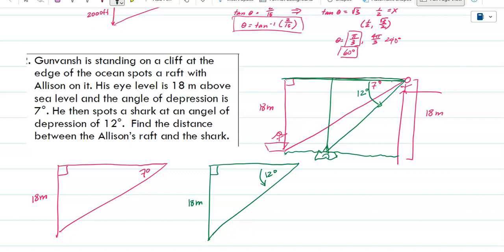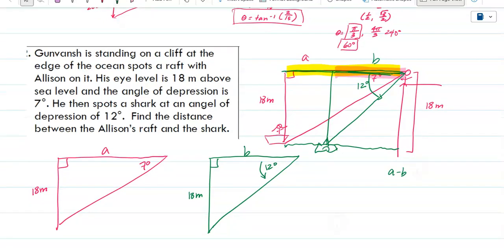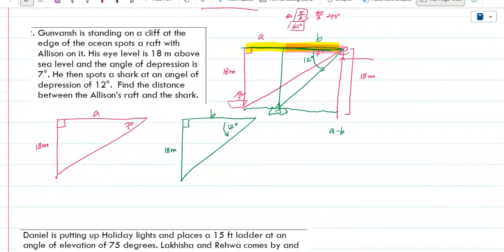Allison's distance is longer, so that's going to be A. And the shark's distance to the cliff is B. We know that the distance between them is going to be A minus B. Remember, we need this in exact value. So let's go ahead and find A. We're going to use tangent. Tangent of 7 degrees equals 18 over A.